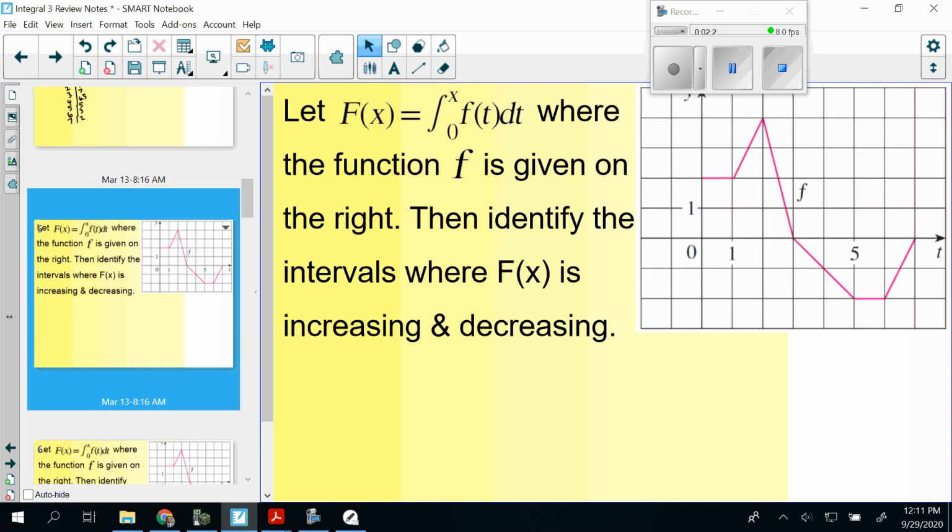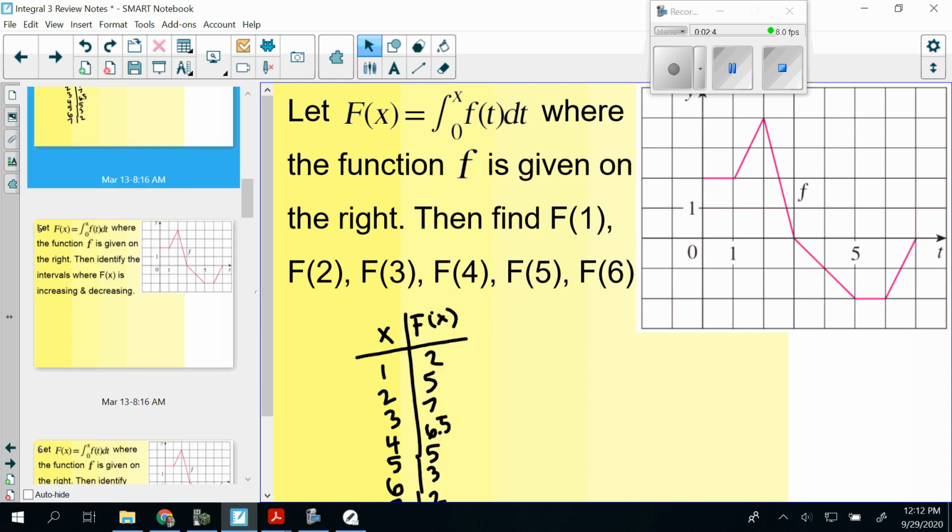The next one wants us, for the same graph and function, to identify the intervals where F of x is increasing and decreasing. Looking at this, we can go back to the points we had before and estimate that. It looks like our points kept increasing in here and then started decreasing in this next one.